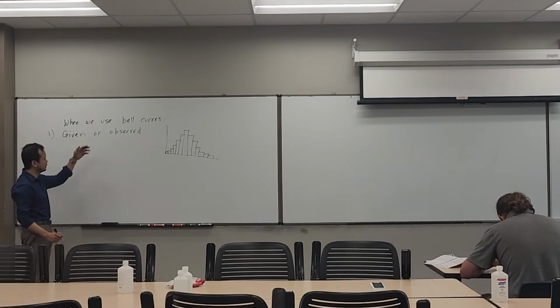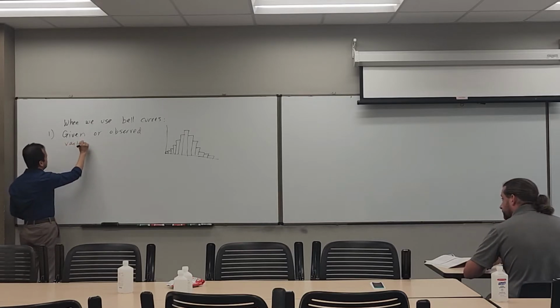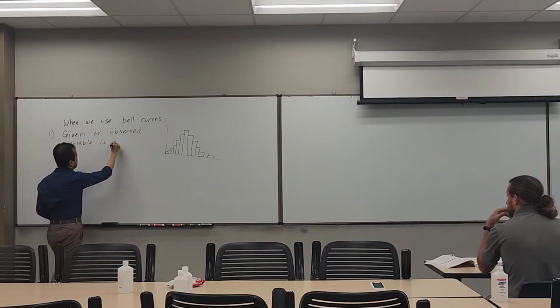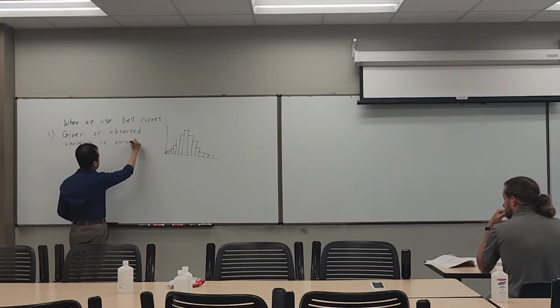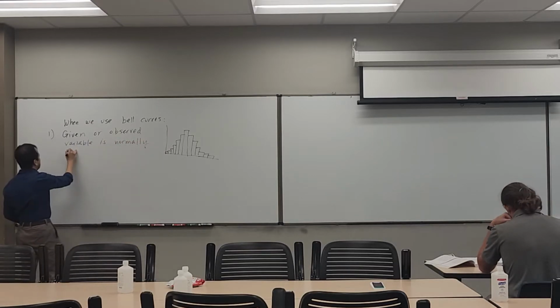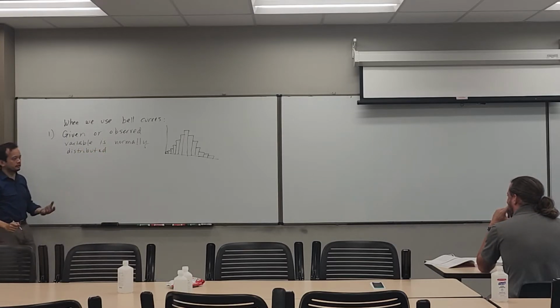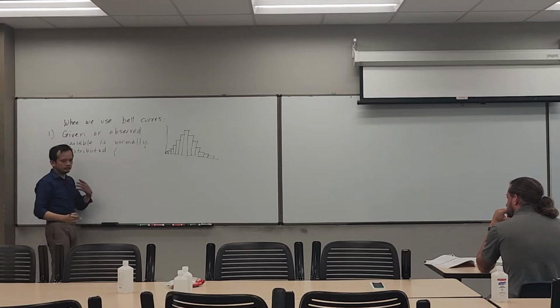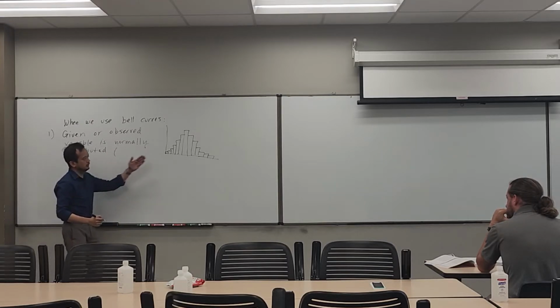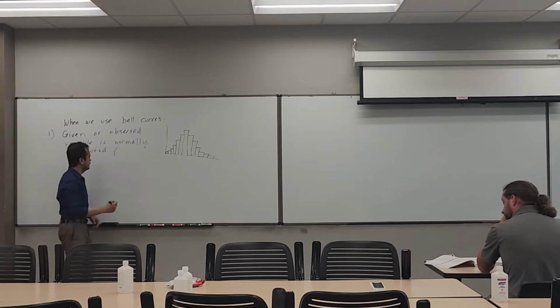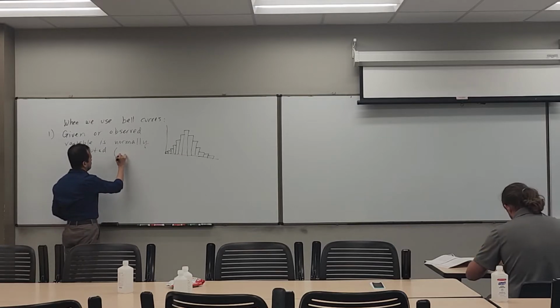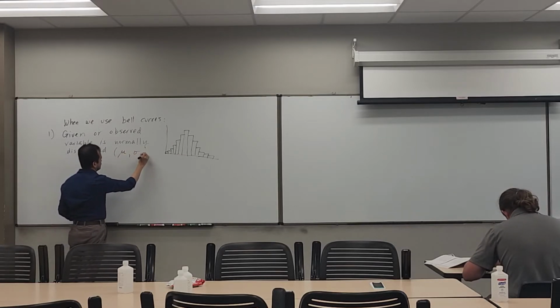So it's either given or observed that the variable is normally distributed. And oftentimes in this situation, the mean and the standard deviation will also be given or be able to be observed by you.